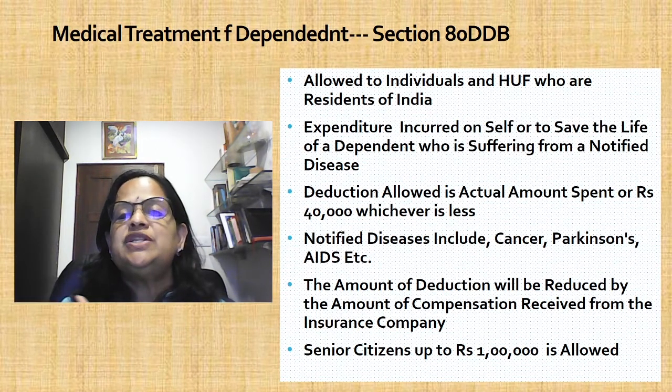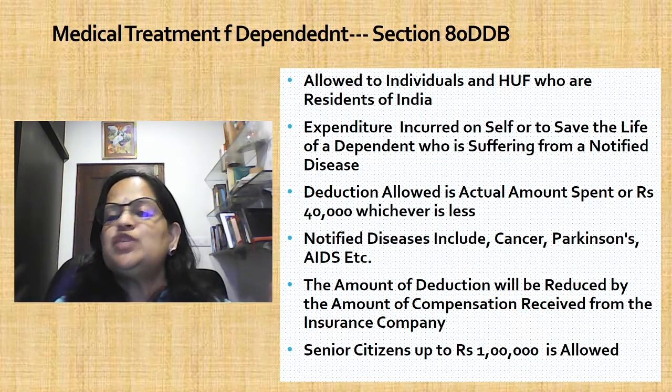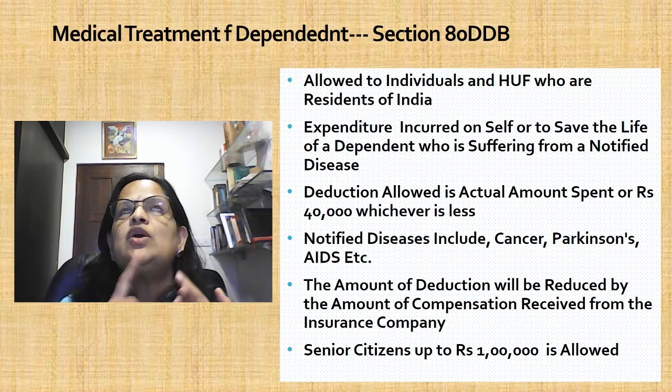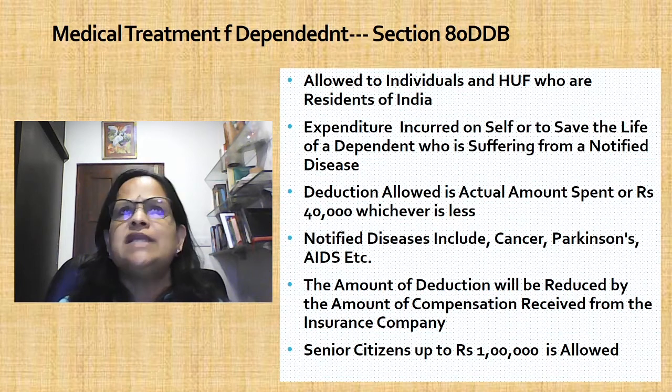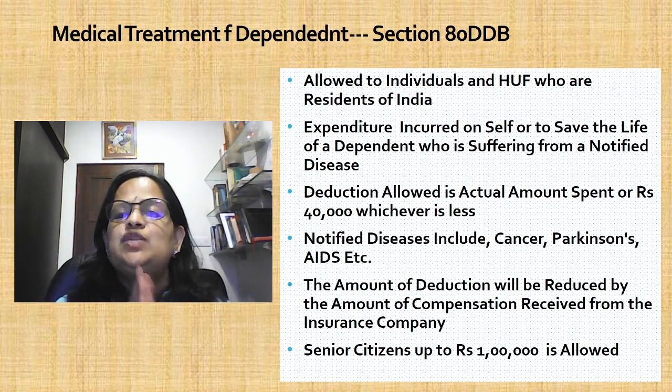This deduction is allowed for the actual amount spent or rupees 40,000, whichever is less. Medical treatment is very, very expensive these days. If you get cancer, any kidney disease or any transplantation, Parkinson's, COVID-19, in all these cases expenditure will be very difficult. Even organ replacement, heart disease, open heart surgery, any surgery, is very expensive.